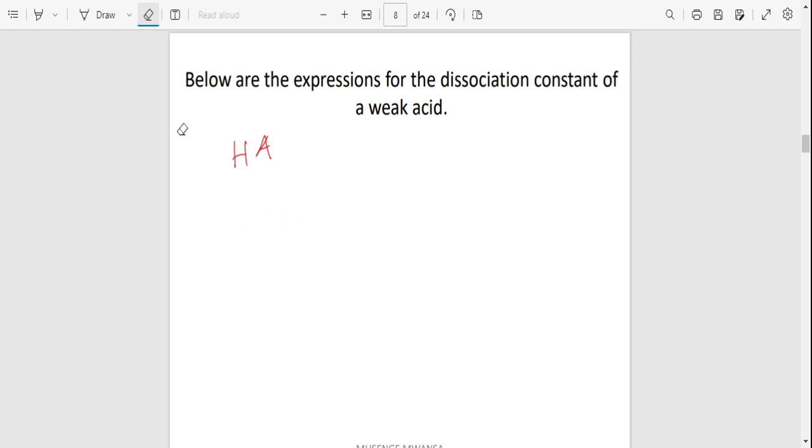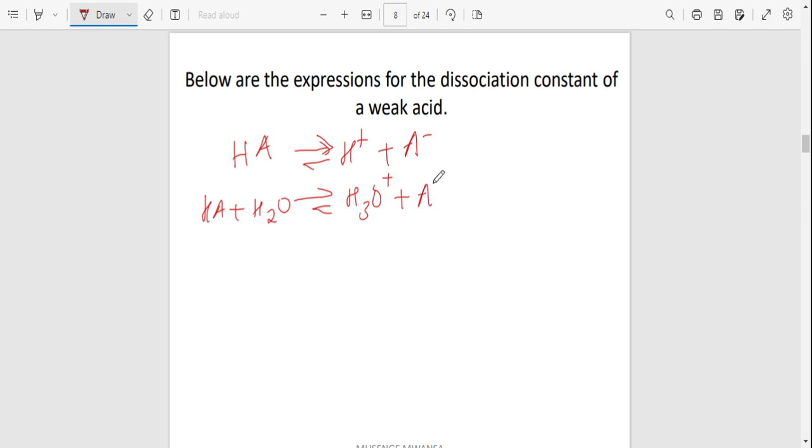So if this one undergoes ionization, because acids, we know that they are able to ionize in water. I can either react it with water or just undergo ionization by itself. Now this one is a weak acid, so it's going to form like this. Or I can react it with water, then we are going to have HA plus water, and then we are going to have what is going to form like this, H3O plus, and then plus A minus here.